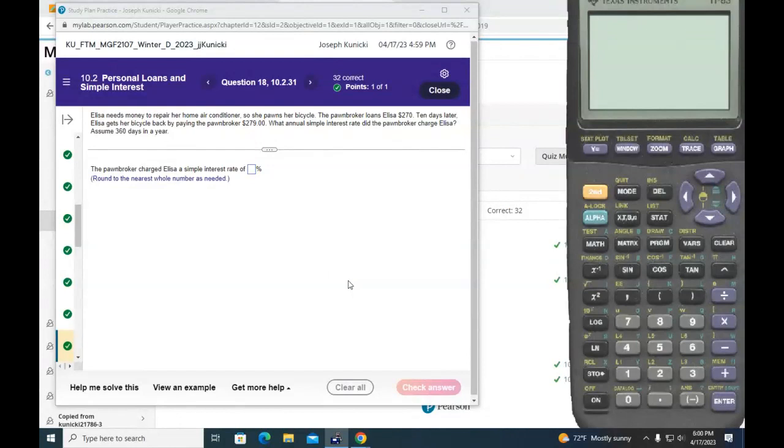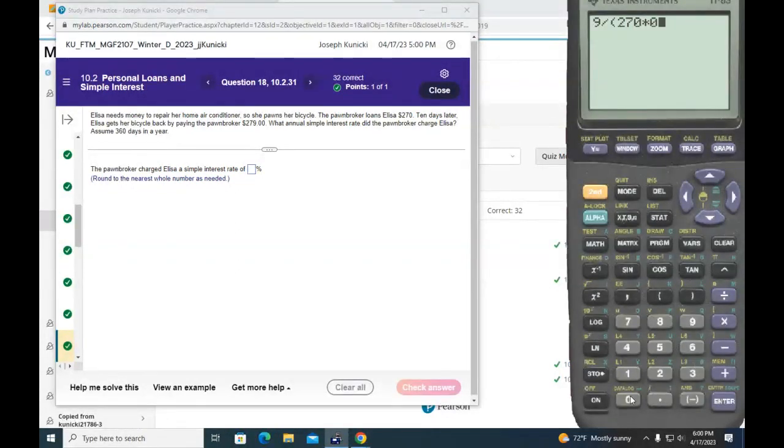What's the annual interest rate? So this is how we do it, right? How much interest was it? It was $9. And we divide by P, which is 270, times T, which was what? 10 days?